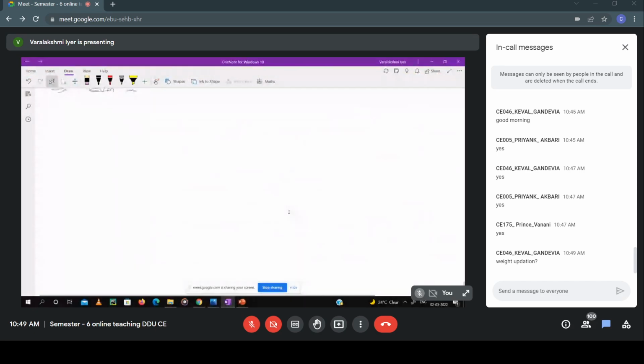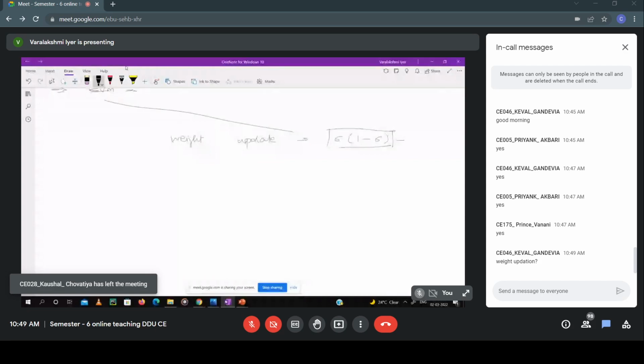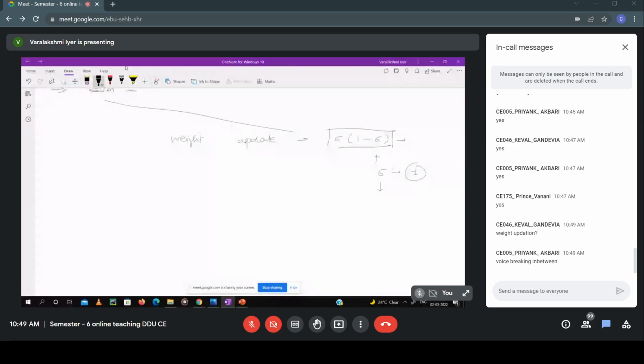The derivative of a sigmoid activation function is something like sigmoid into 1 minus sigmoid, right? So if the value of sigmoid is close to 1, the derivative value will be close to 0.